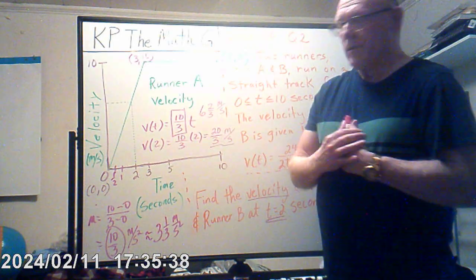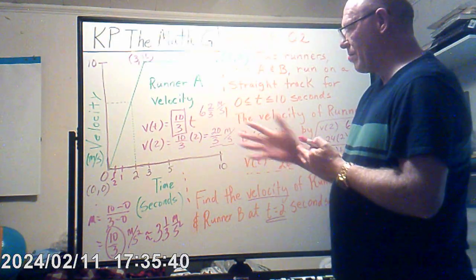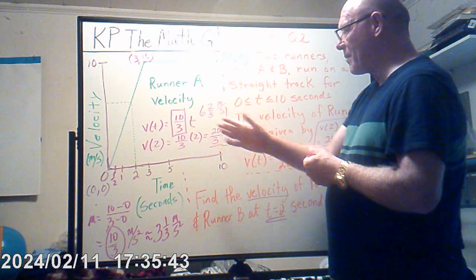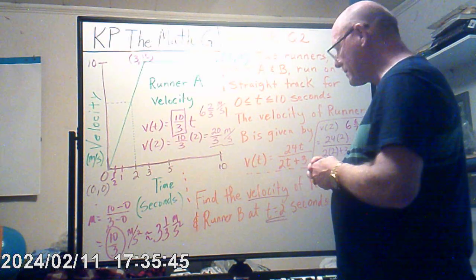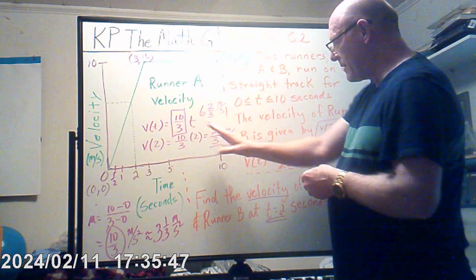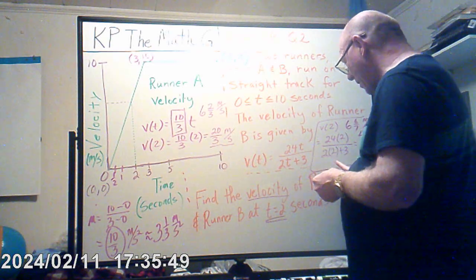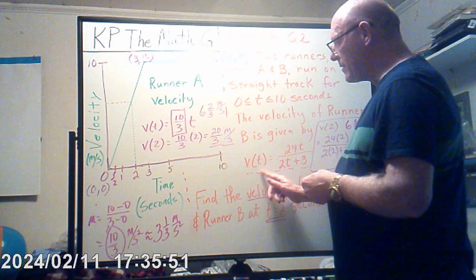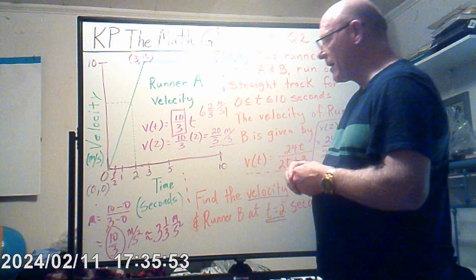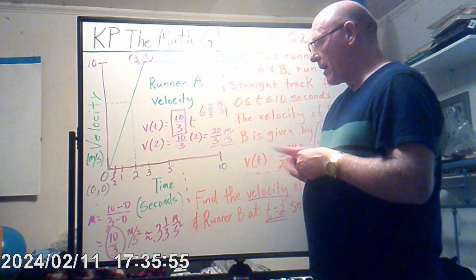So what did we do? We just did one equation, or we compared the velocities of both. You didn't have to do anything because it was already there, see? So no taking the derivative there at t equals 2.